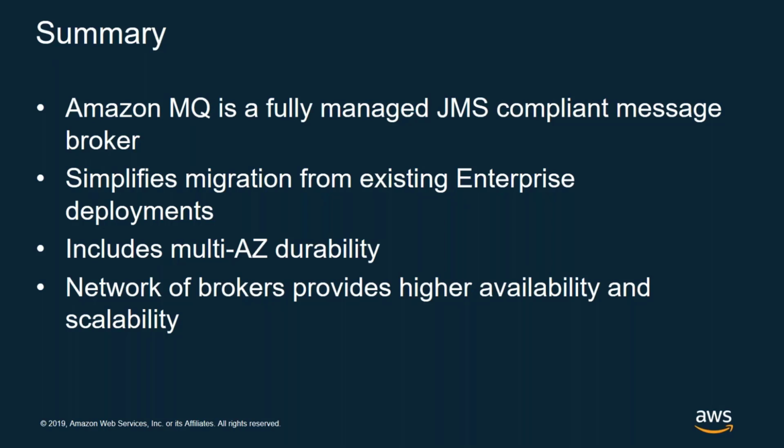It does provide you with this multi-AZ durability, where persistent messages are stored across multiple AZs and thus never lost. And with the new network of brokers functionality, you get that higher availability that Sandeep's looking for, but also scalability. So the more brokers you add into that network, and if you manage them using the topologies we talked about, you can get significant scalability as well.